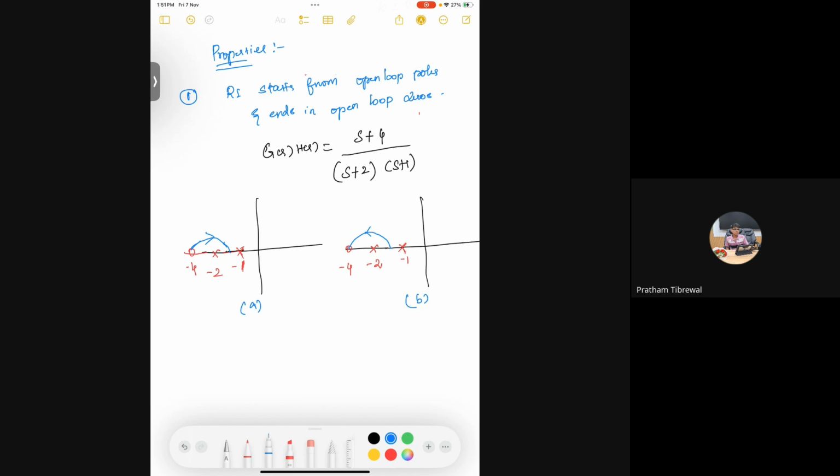Starts from poles and ends in zeros. Right. So root locus should always start from open loop poles and end at open loop zeros. The direction should be from poles to zeros, and it will never be from a zero to a pole. This is the first property of the root locus.